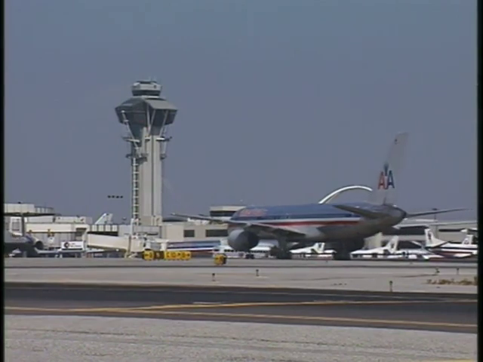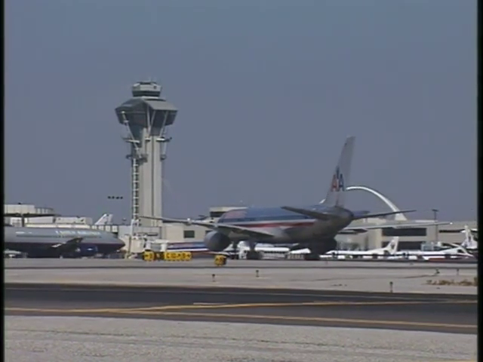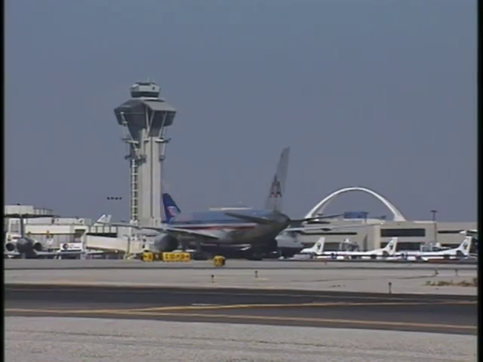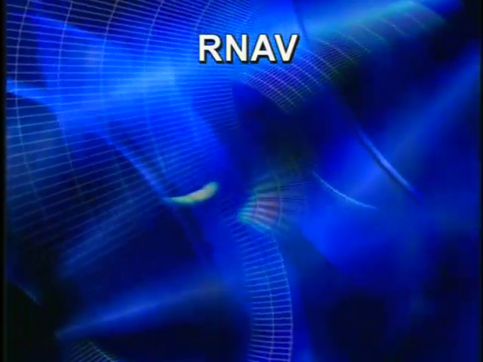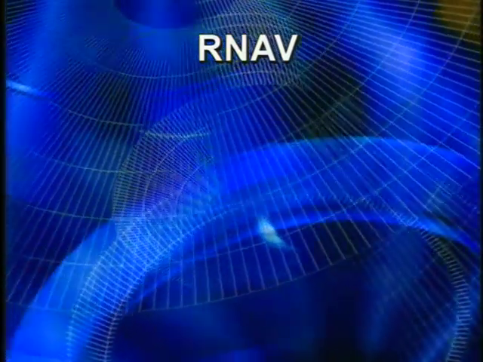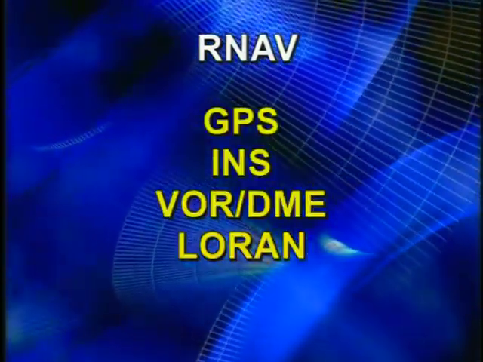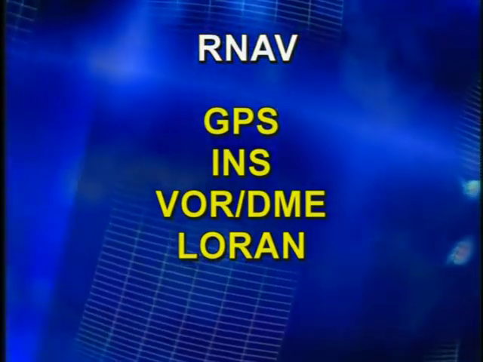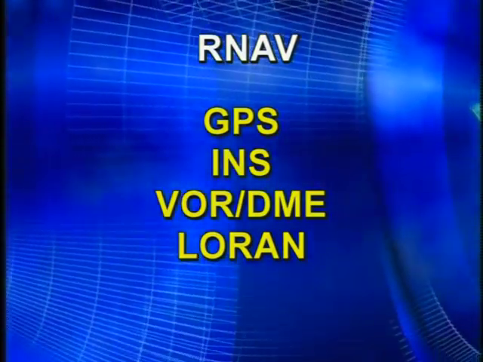This single performance standard is enabling the widespread use of area navigation, or RNAV. The term RNAV no longer refers solely to the VOR station mover of the past, but rather encompasses several different types of navigation equipment. The heading RNAV applies to GPS, INS, VOR DME, and LORAN-based navigation systems.